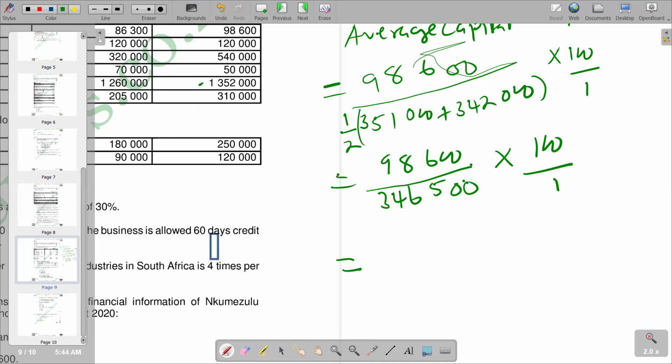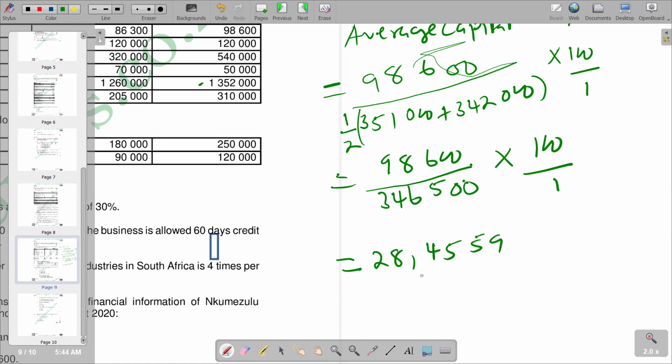The figure that you are supposed to get there is 0.28455, and multiply by 100, you're going to get 28.4559. And obviously, we have to round it off.